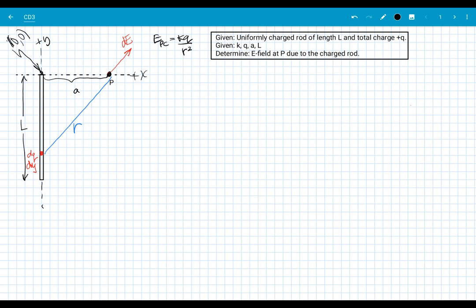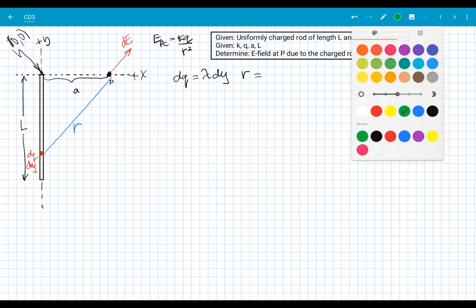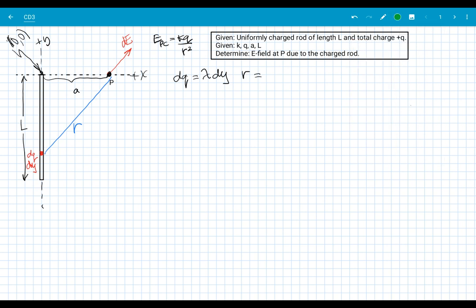So now I'm ready to do this. I need to think about dE in terms of components. Let's define some things as we're getting started, the same as we always do. We always need to define dQ, and in this case I can use lambda dy, as you've seen in these line charge problems before. I need to also define R, and I'm going to label my y on my diagram because I'm going to be defining it in terms of y.